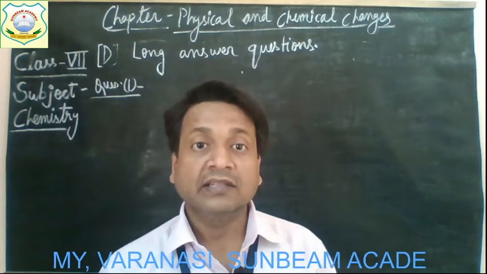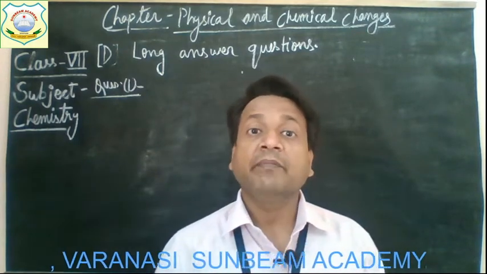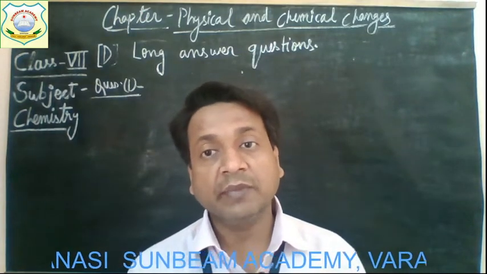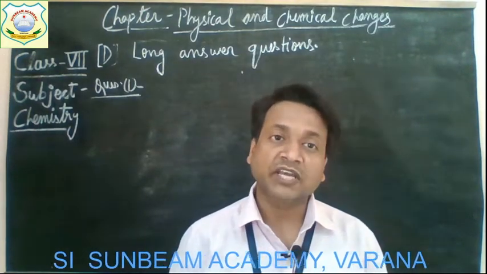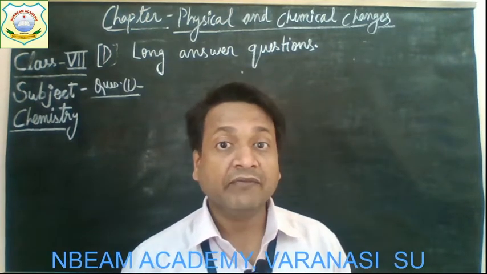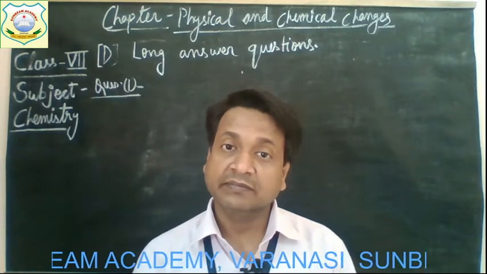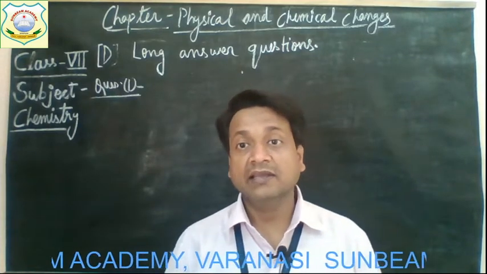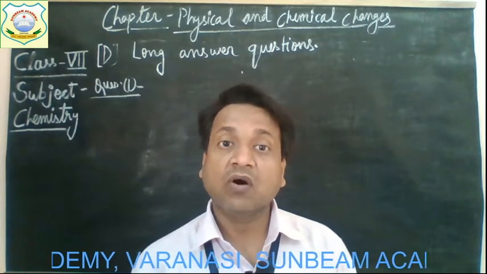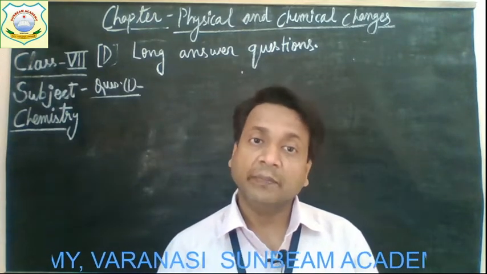Rusting can be prevented by not allowing the iron to come in contact with moisture and air. The two methods by which rusting of iron can be prevented are, the first one, by coating the iron with oil or grease or paint.